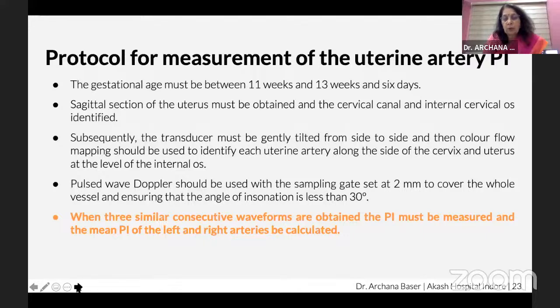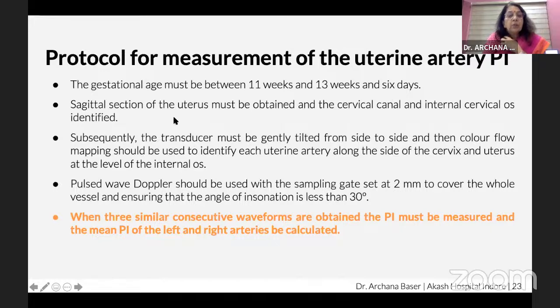I'm not going to talk in detail here because that's not in the scope of this talk; you have to learn it when you are performing your ultrasound or in the setting of workshops. It has to be measured between gestational age 11 and 13 weeks and 6 days.